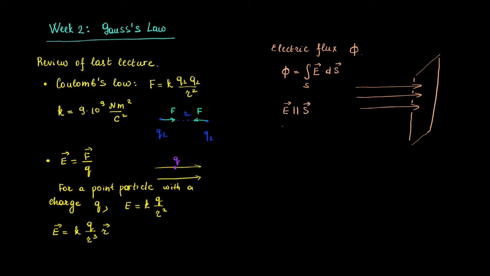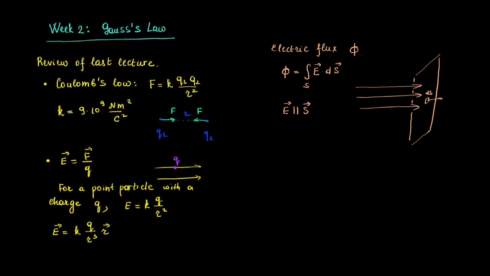Note that here you can see the scalar multiplication of two vectors, where E is the electric field strength and dS is a vector quantity which has a magnitude dS, the surface area. However, it also has a direction which is perpendicular to the surface.